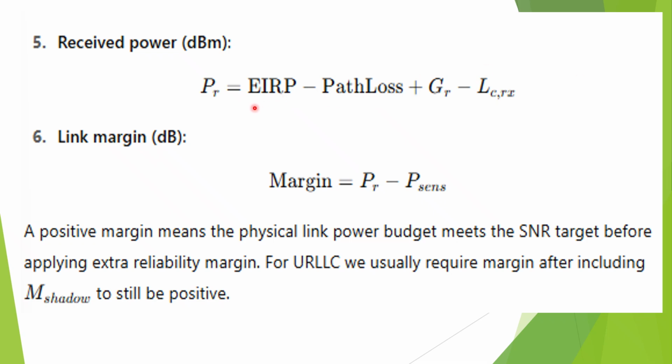Received power is EIRP plus GR minus path loss minus receiver cable loss. And finally link margin, to analyze whether the link passes or fails, is received power minus sensitivity. Most probably there should be a positive link margin, so that it will reach the target signal power.